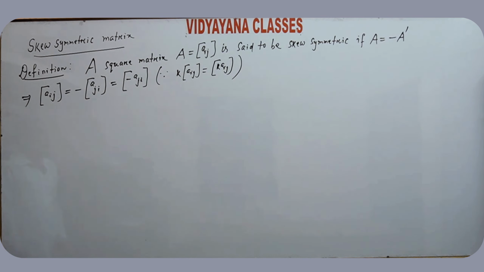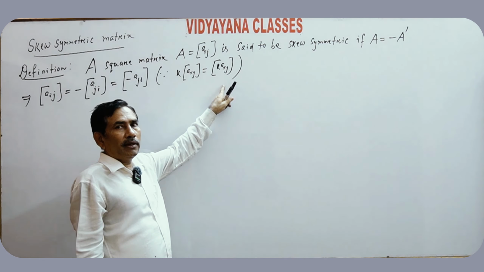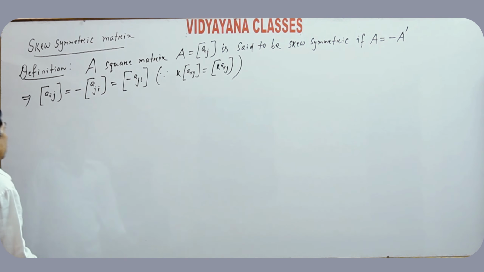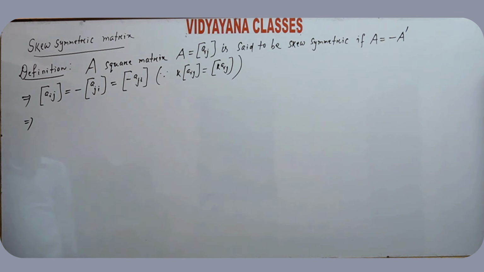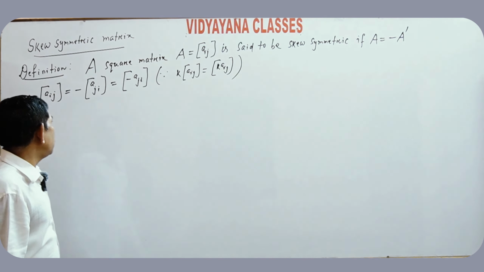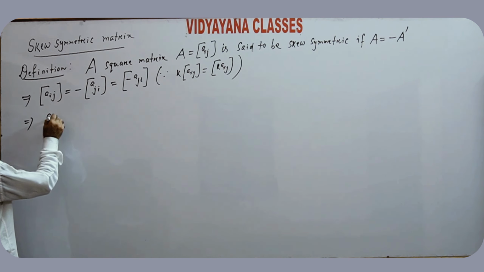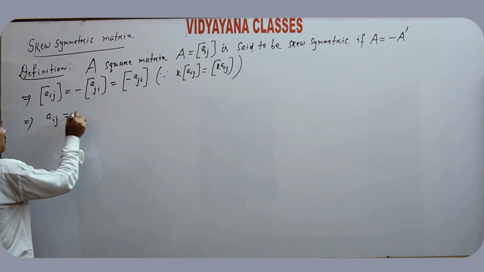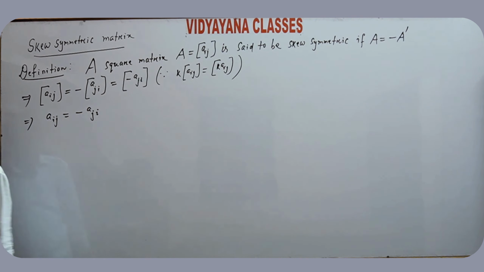Whenever a scalar is multiplied with a matrix, it is multiplied with every element of the matrix. Two matrices are equal if their corresponding elements are equal, implies Aij is equal to negative of Aji.